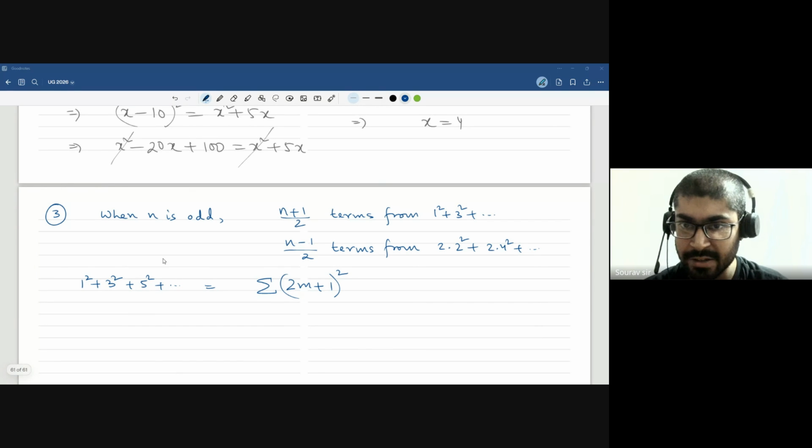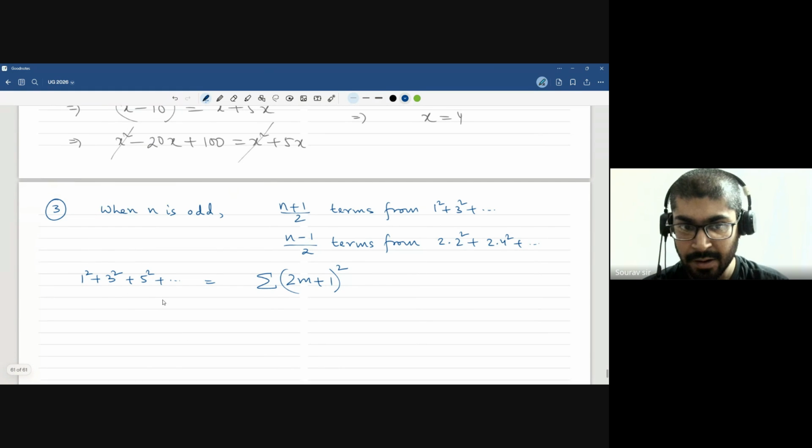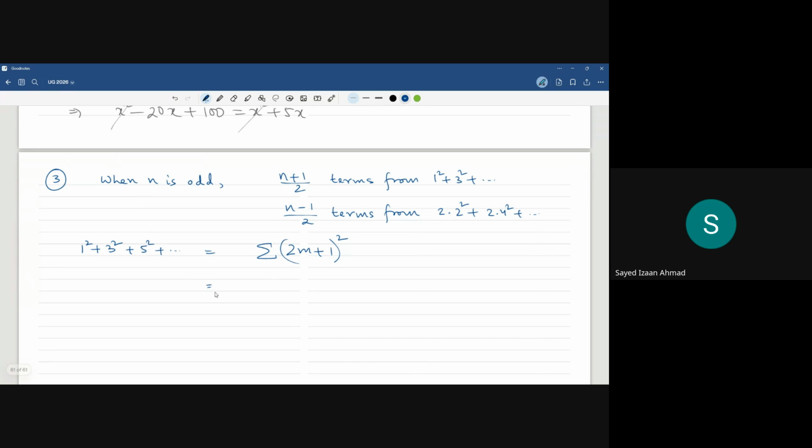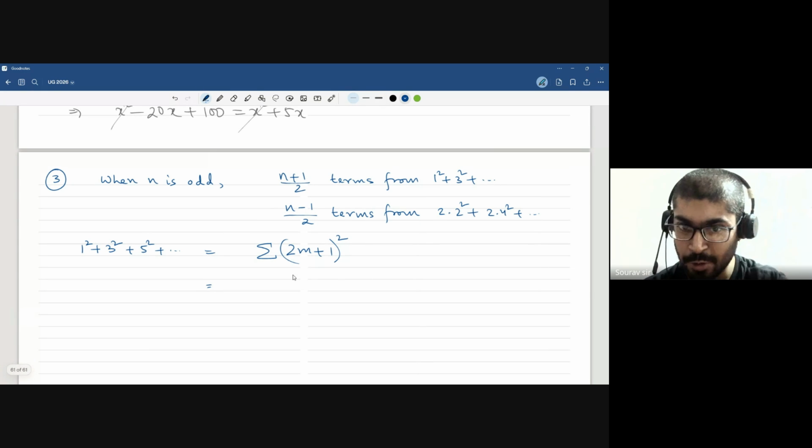And you know what this is? Sigma of n square is n into n plus 1 into 2n plus 1 divided by 6. So just instead of n, put 2m plus 1.